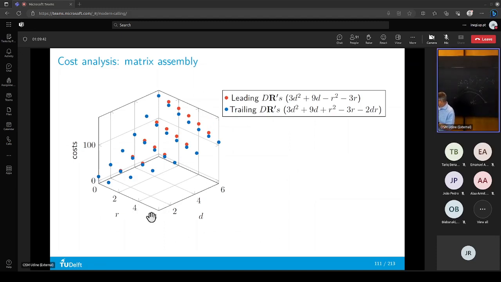In the R direction, here we have no derivative, here we have maximal derivatives. Obviously, if we have no derivatives, it doesn't matter where we put these non-existing derivatives. So on that border, red and blue are the same. And if we have maximal derivatives, so all r's are differentiated, it also doesn't matter because all r's are differentiated.